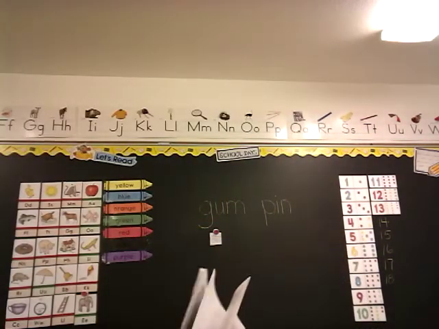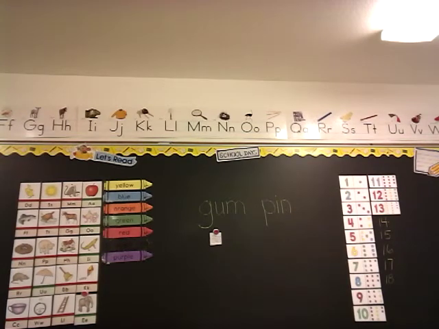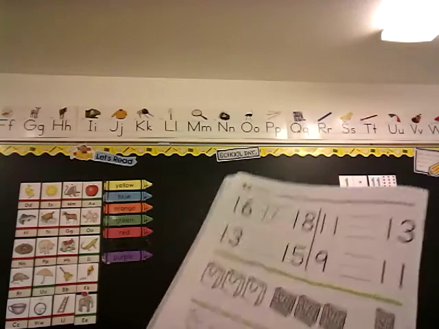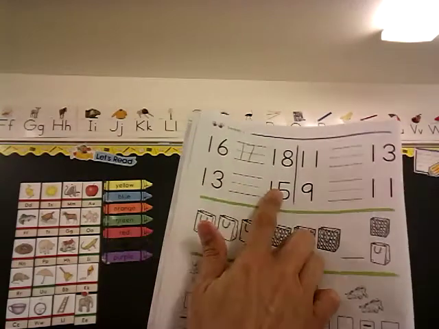The other thing you can do if you're struggling with your numbers is go in the back of one of your books and find that number chart. I don't think it's in the back of either one of these books, but it would be in the back of Workbook 4. You can have your parents help you find that and go over your number chart and make sure you know these numbers in a row.